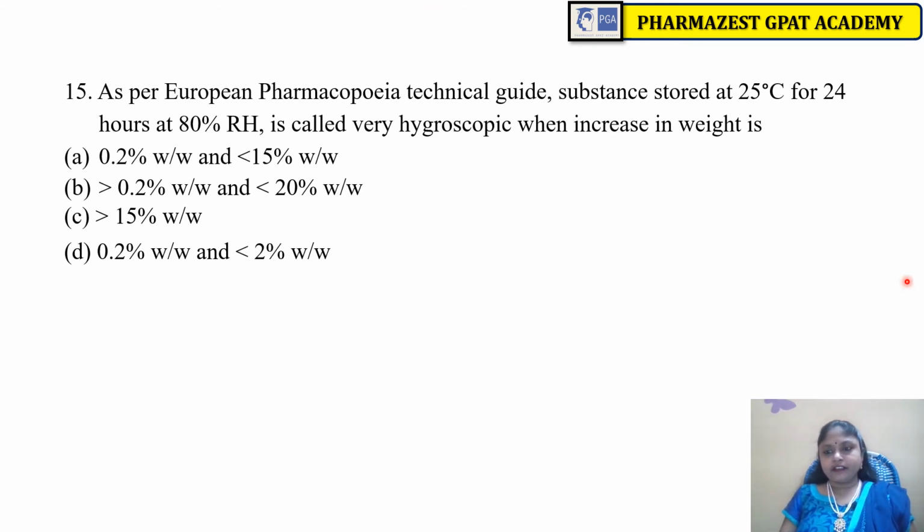So what is the right answer? The right answer is greater than 15% weight by weight. So if the weight of a substance increases by greater than 15% weight by weight when it is stored at 25 degrees centigrade for 24 hours at 80% relative humidity, it is called very hygroscopic.